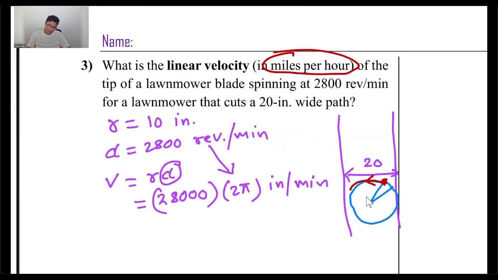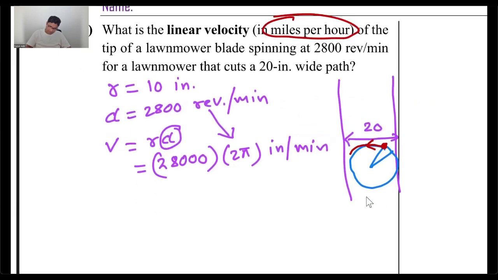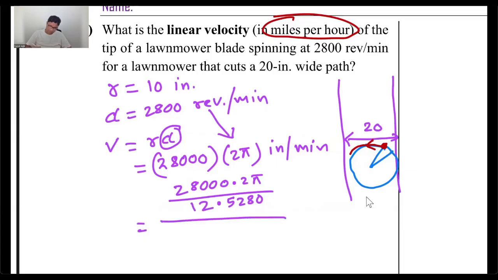We want that in miles per hour. So 2800 times 10 times 2 pi inches divided by 12, so it is in feet, divided by another 5280, so it is in miles now. That is the numerator.